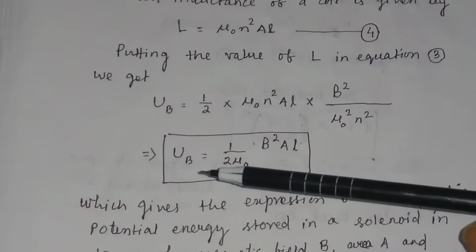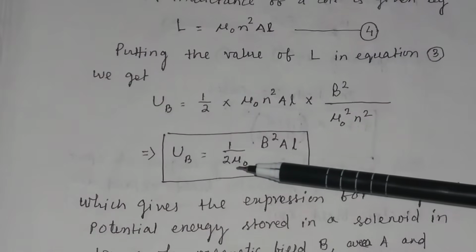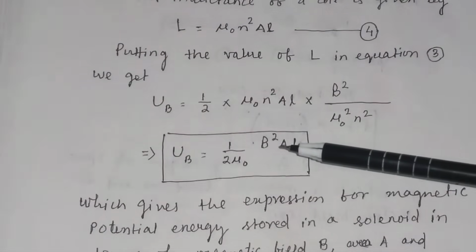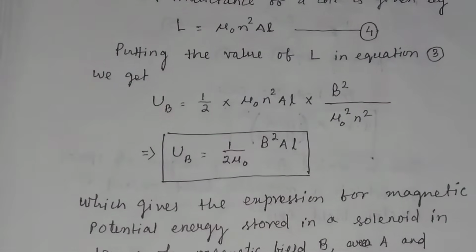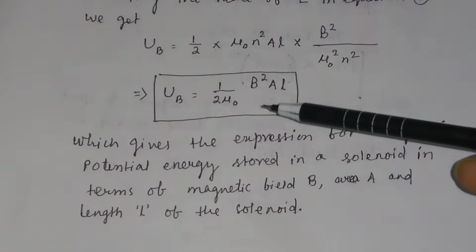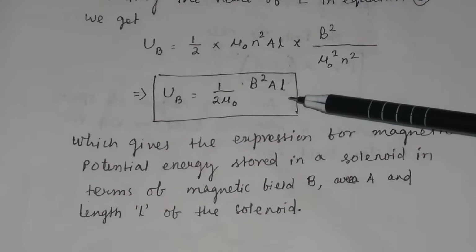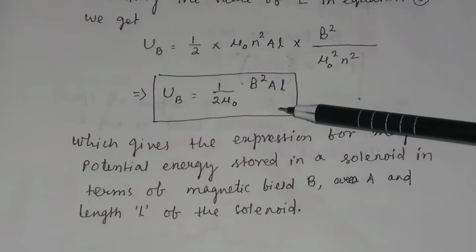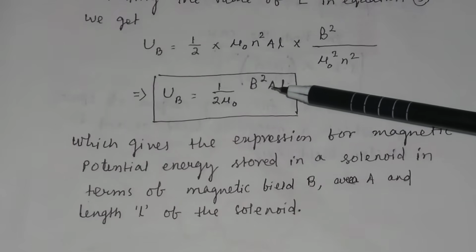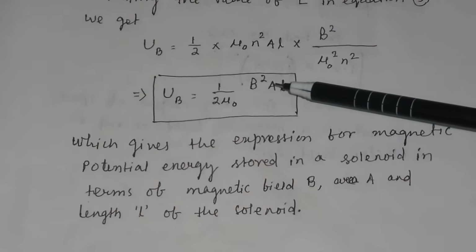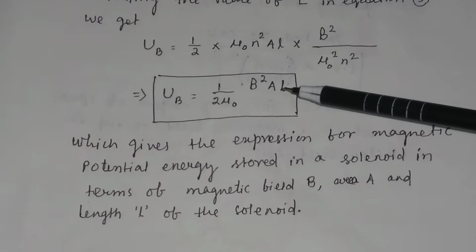So UB will be equal to 1 by 2 mu 0 into B square AL. So this gives the expression for the magnetic potential energy stored in a solenoid in terms of magnetic field B, area of the coil A, and length of the solenoid L.